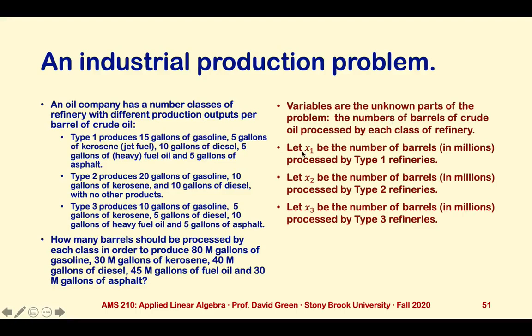The symbols I've chosen to use are x1, x2, and x3, each representing the number of barrels in millions, because we don't want to carry a whole bunch of extra zeros around, processed by each type of refinery. So x1 is the number processed by type 1, x2 is the number processed by type 2 refineries, x3 the number processed by type 3.